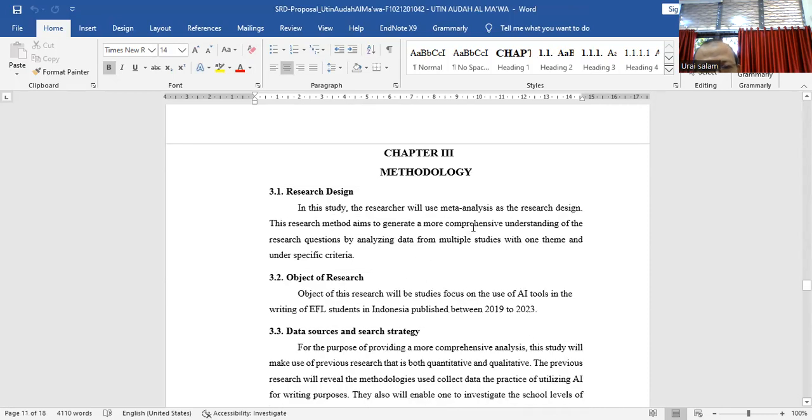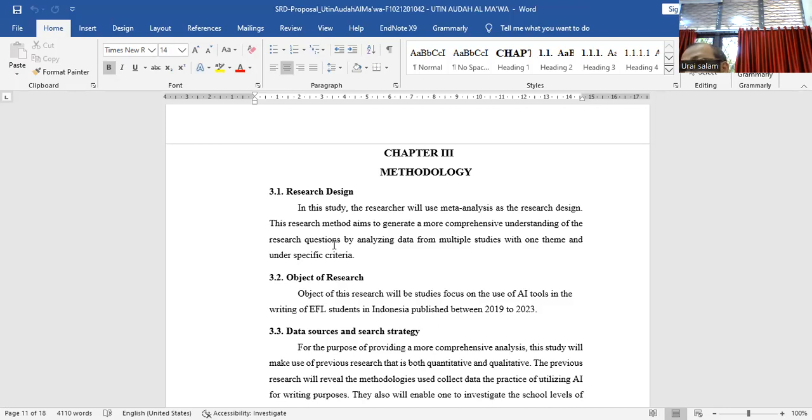All right, methodology. You need to explain more about meta-analysis. There will be a few articles that use it, and you can learn from those articles how they explain it. Usually there is not much explanation about what meta-analysis is. They start directly from the way they did it, like starting from searching the literature.